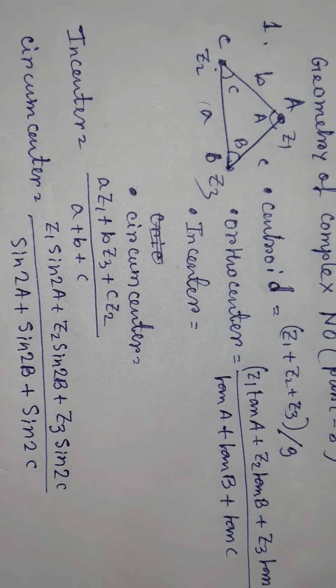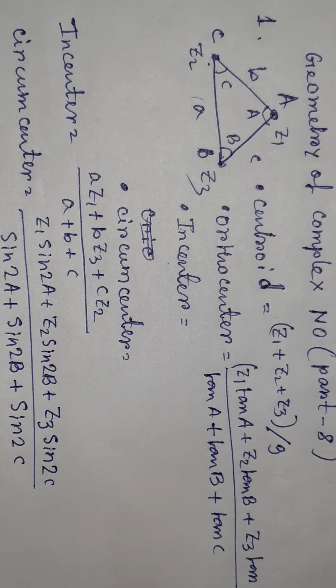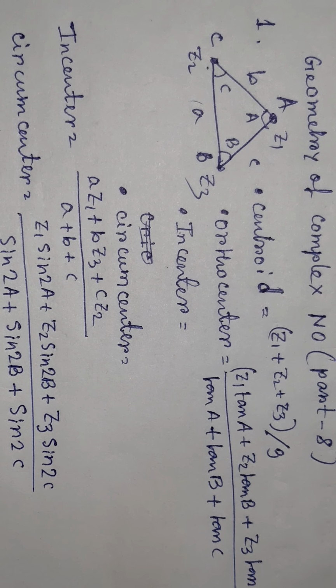So we just learned the coordinates for a triangle with complex coordinates z1, z2, z3 of the vertices.